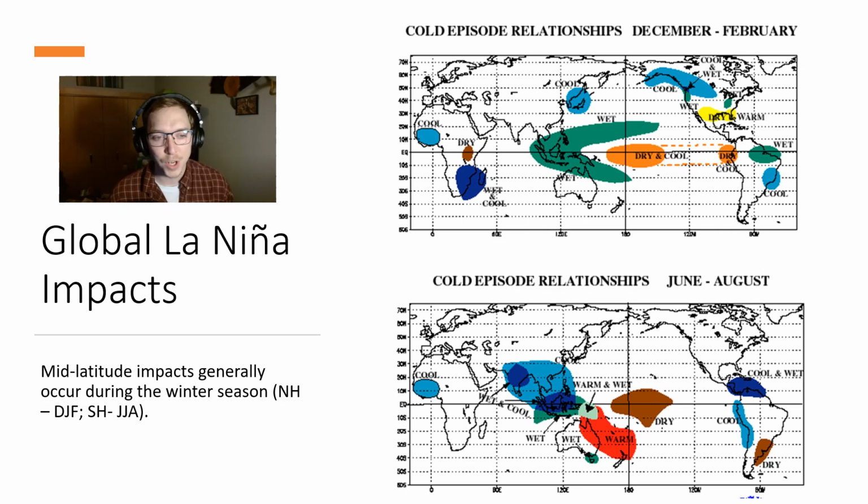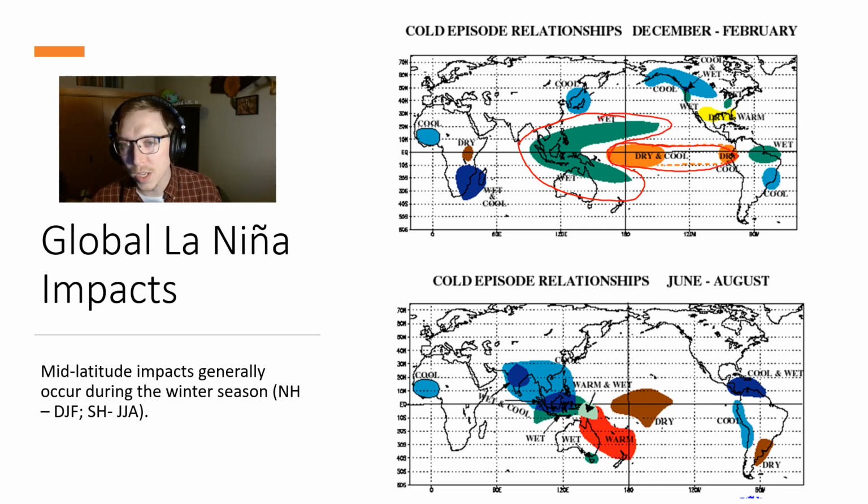Mid-latitude impacts are generally seen during the winter season, during global La Nina events. During December through February, you can see it's much wetter in the Oceania region, drier and cooler in that stretch between the western coast of South America, extending towards the dateline, about 180 degrees.